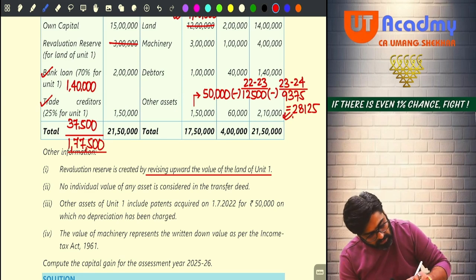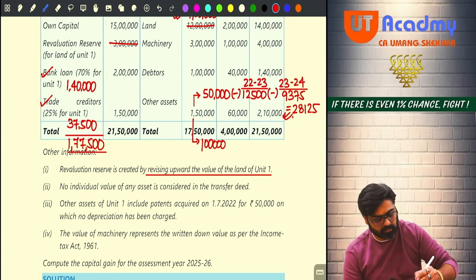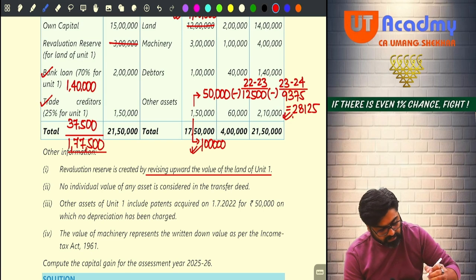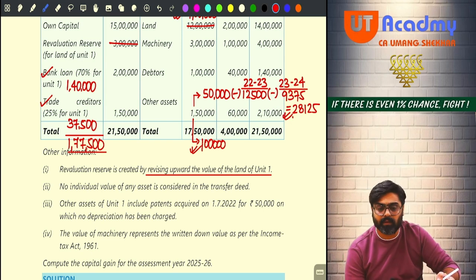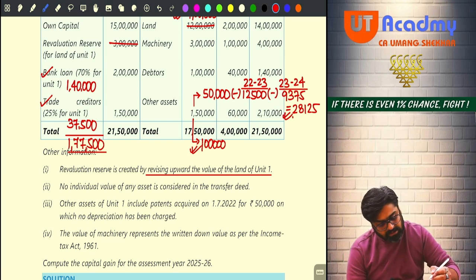Now tell me, what about the balance 1 lakh rupees? Balance 1 lakh out of the other assets will be taken at book value only. Now, the value of machinery represents the written down value as per the Income Tax Act.